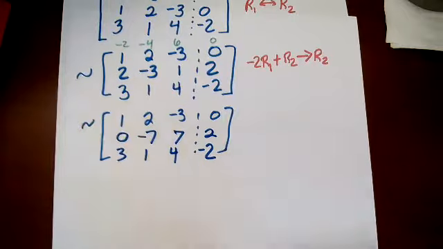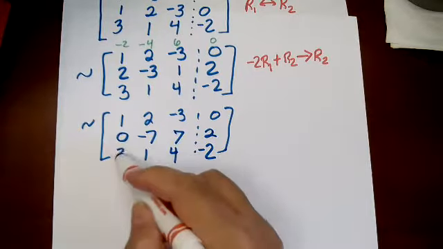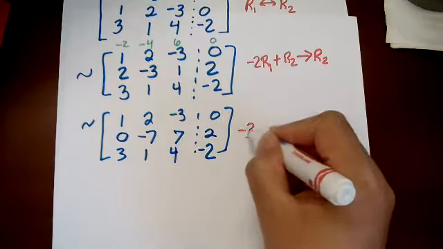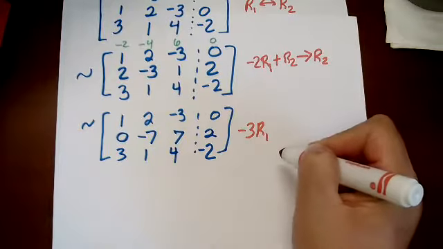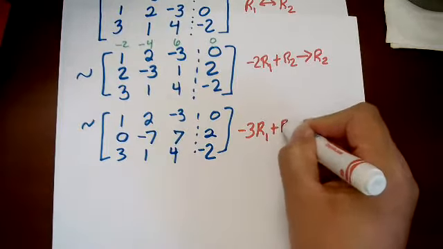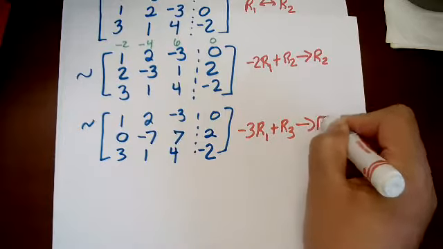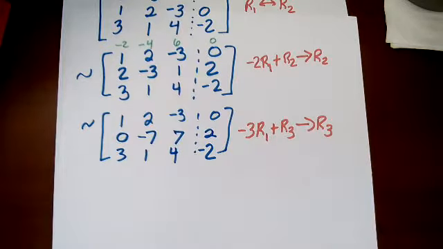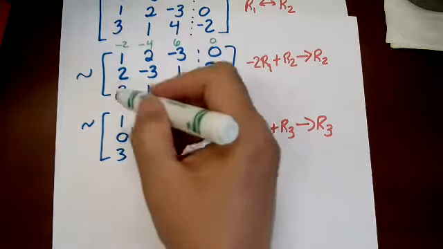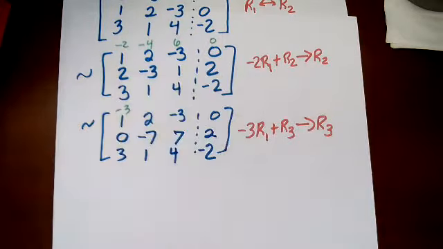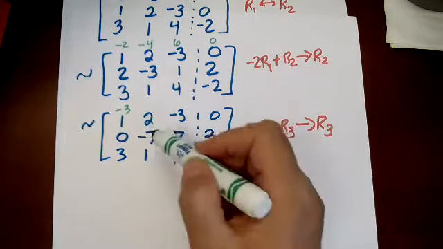Get good at that. You can do the second and third row at the same time, but I am going to separate it into 2 steps. Now I'd like a negative 3 to get added to that one. So I'm going to do negative 3 times row 1 plus row 3, and I'm going to put my answer into row 3. Not really, so I'm penciling it in.